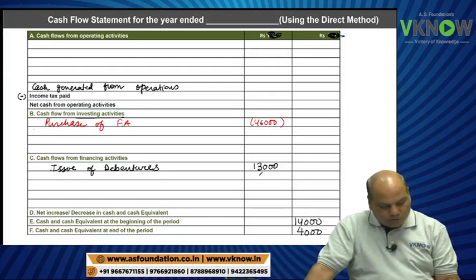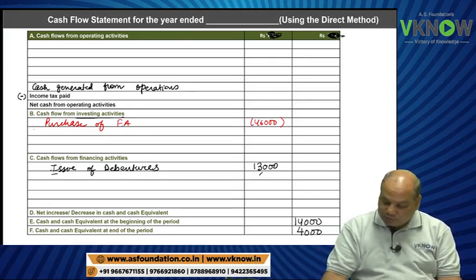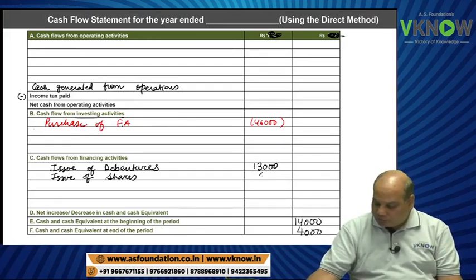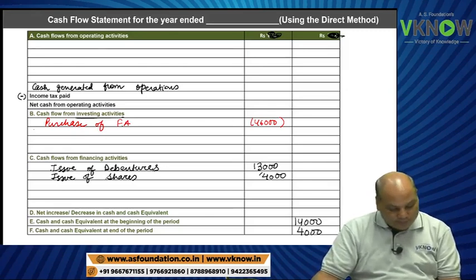Then equity share from 84,000 has become 88,000. So I will write issue of shares 4,000.